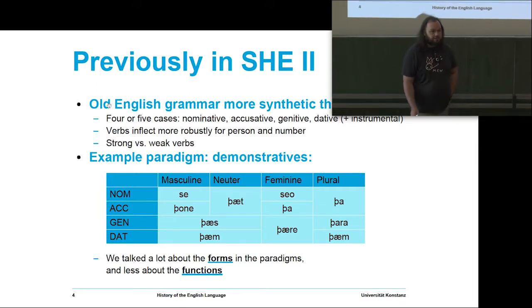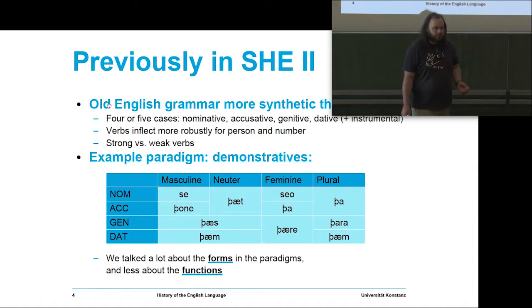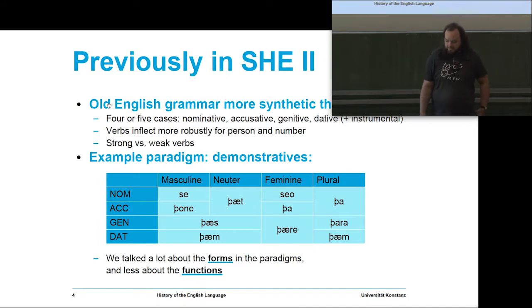Now, some of these properties still hold in modern English to some extent. There is still a case distinction, not among nouns, but among pronouns. So he versus him, I versus me. There is a case distinction there, but it's all that's left of this system that once extended to demonstratives, to adjectives, to nouns, all over the place.